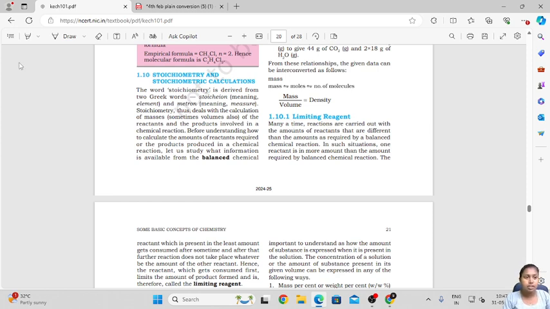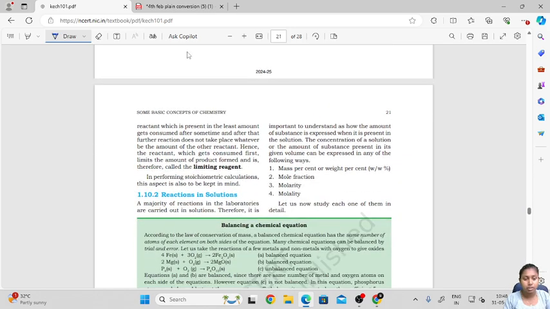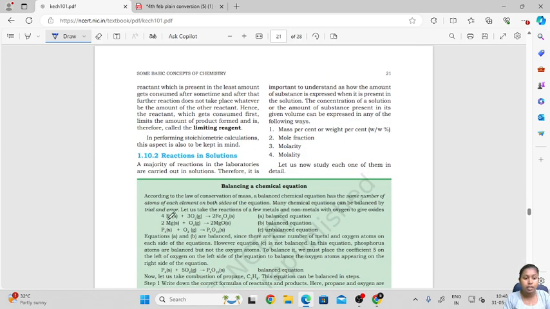Many times reactions are carried out with amounts of reactants that are different than the amount required by the balanced chemical reaction, right? In such a situation, one reactant is in more amount than required by the balanced chemical equation. For example here, before balancing it, we only had one Fe reacting with two oxygen molecules, right?